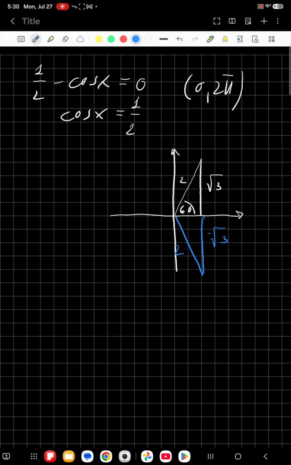So it should be like this. All right, so this angle here is pi over 3 or 60. And here we'll have 6 pi over 3 will be all the way around, but one of those pi over 3's away, so that's going to be 5 pi over 3.